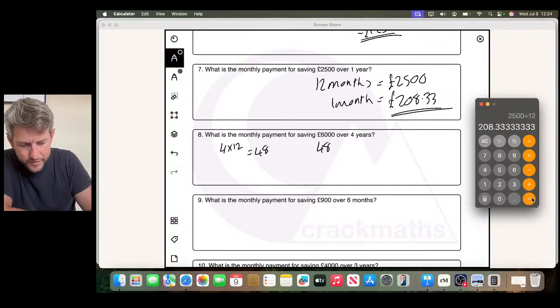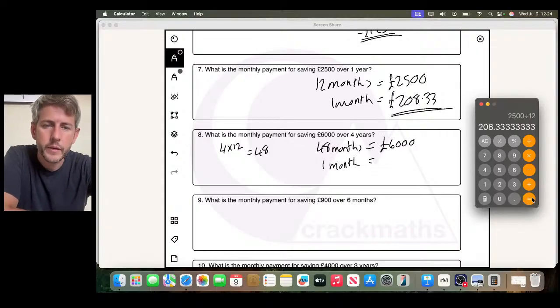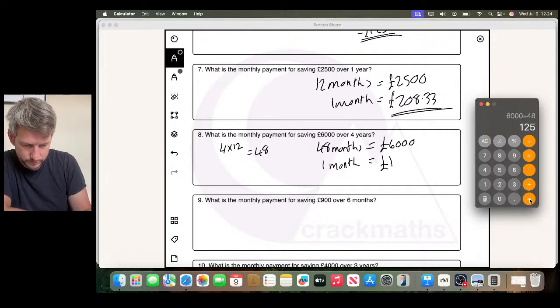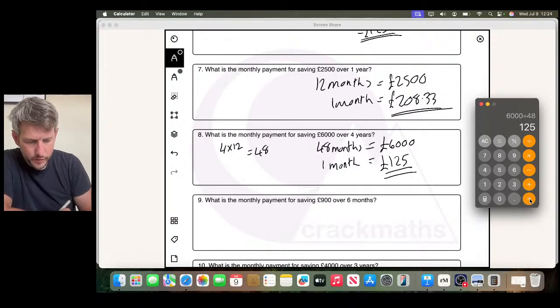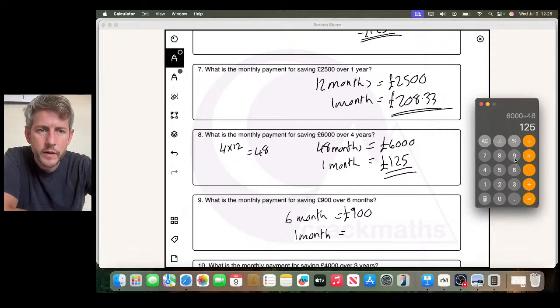So 48 months equals £6,000. So 1 month equals 6,000 divided by 48. Okay, 6 months equals £900. So 1 month equals 900 divided by 6.